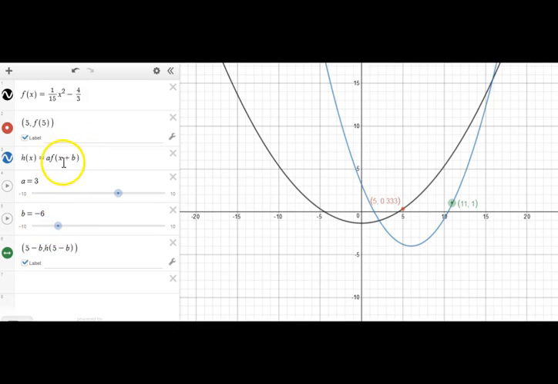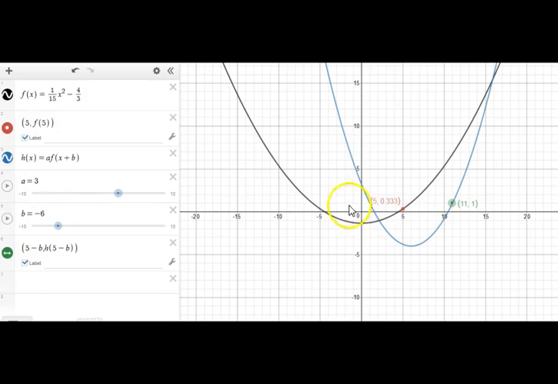X minus 6 means we do a right shift, and so my new point would then be at 11 because I moved it 6 units to the right. So what would be the new input? Instead of being at 5, the new input is at 11. I'm still multiplying it by 3. So what happens when I multiply 1/3 times 3? I get out 1. So that's what's happening here.